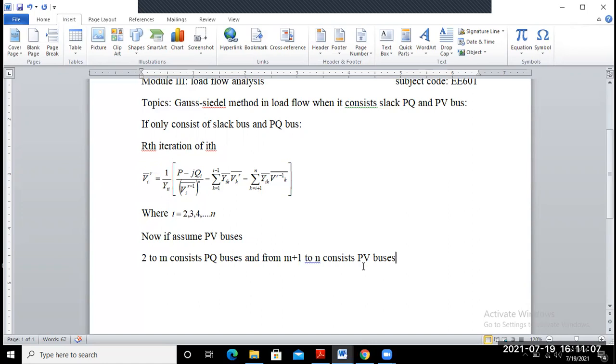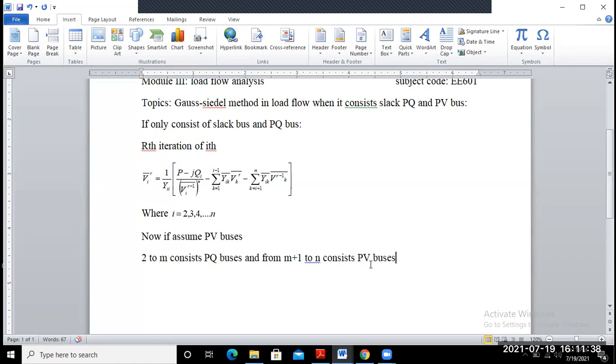Okay. So in PV buses, first of all you find the Q I of the Rth iteration, the ith bus. And if that Q I lies between the lower limit and upper limit, that is minimum to maximum, then you say that this one is under the PV buses.